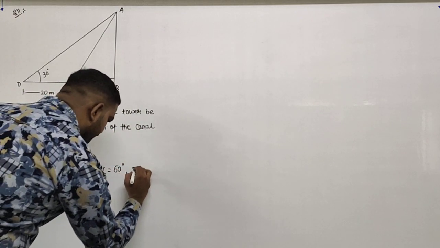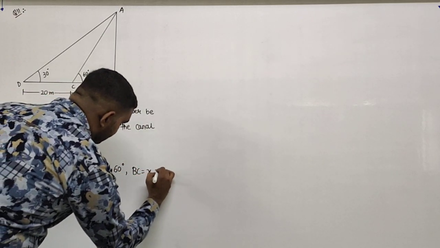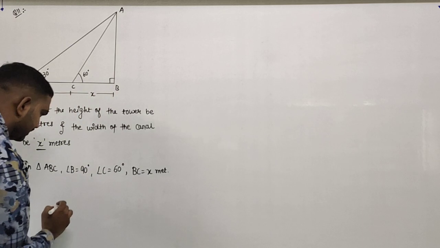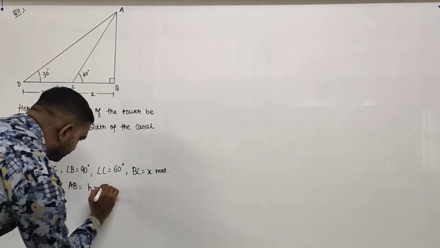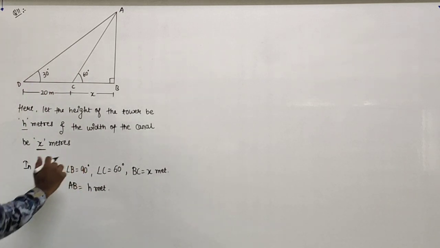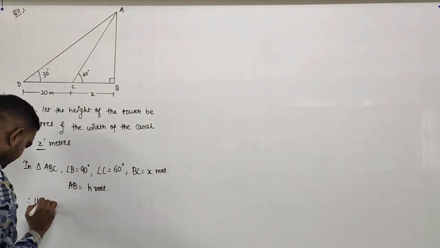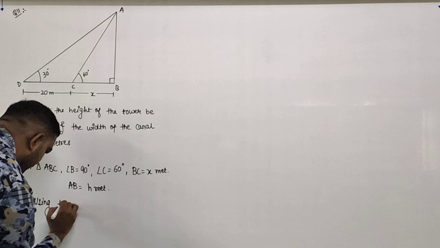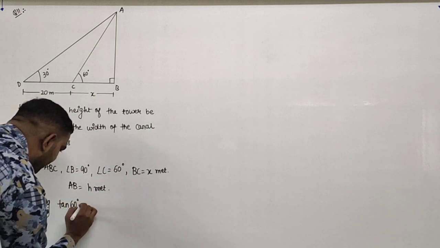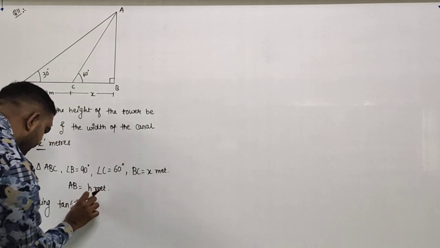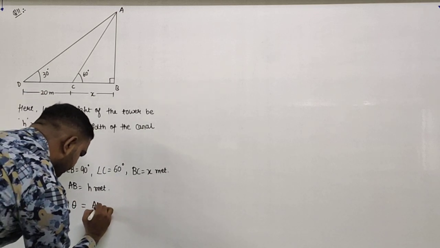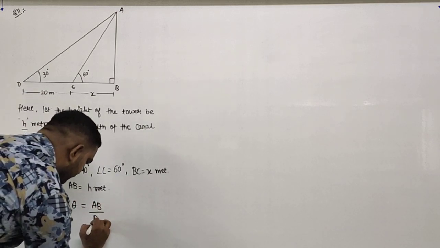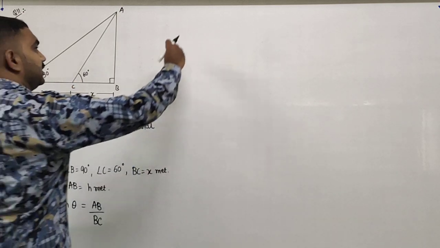Then BC is equal to x meters and AB is equal to h meters. Therefore, using tan theta is equal to AB upon BC.